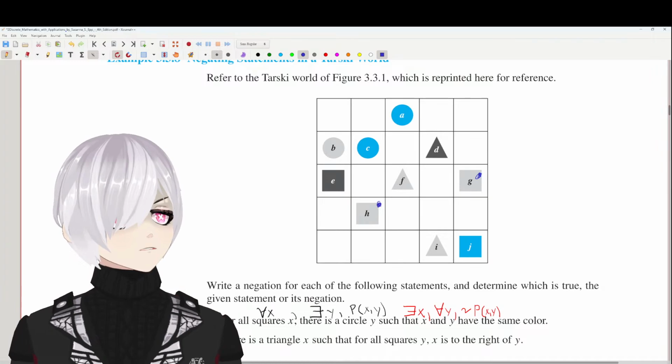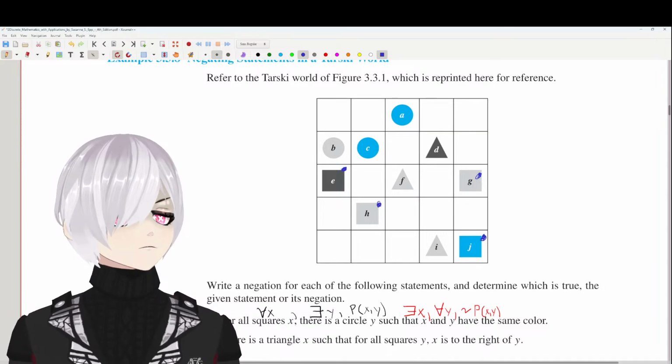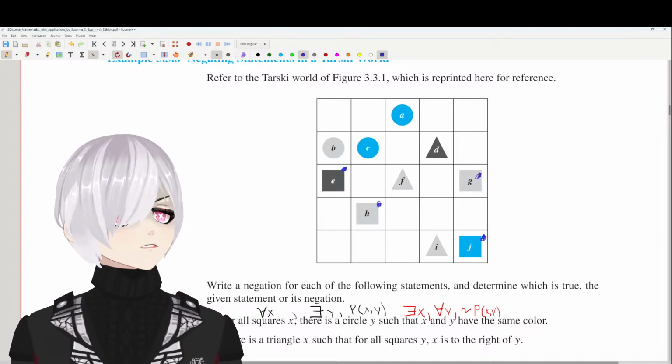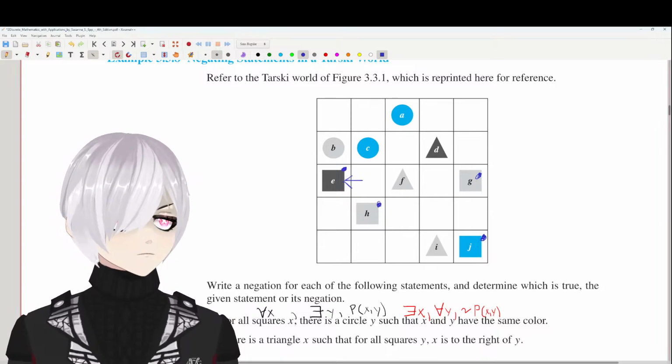All the squares would be here and here. A circle y such that they have the same color. Actually, I don't see a circle that matches this black square.